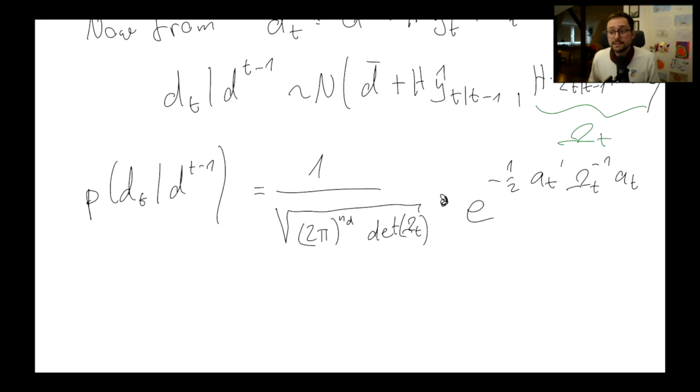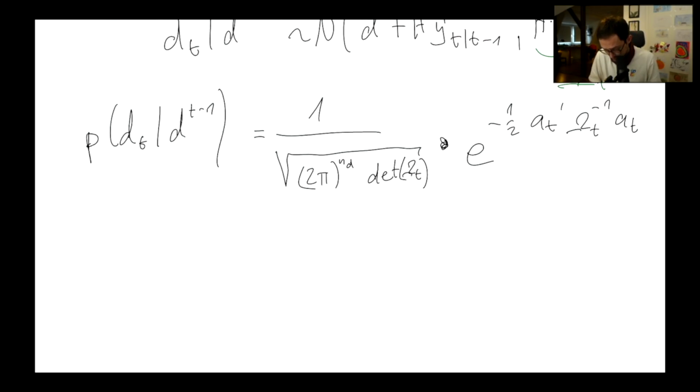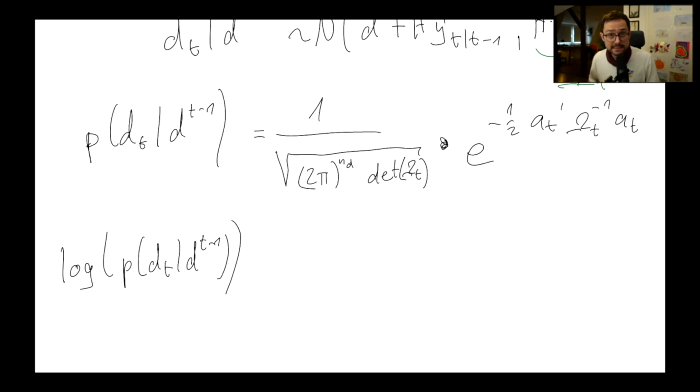Taking logs, you get the log likelihood function. You can also, of course, have the log likelihood function, which is what we work with in the codes because it's numerically easier to work with sums instead of products.